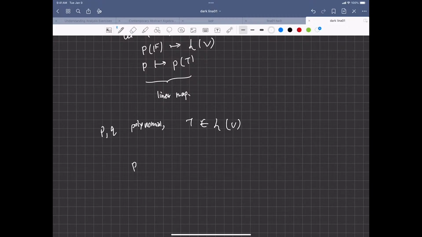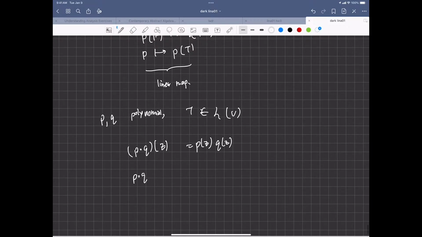So if we recall, if we have polynomials P times Q, where dot is multiplication, then this resultant function is given by P of Z times Q of Z. And recall that these guys commute.